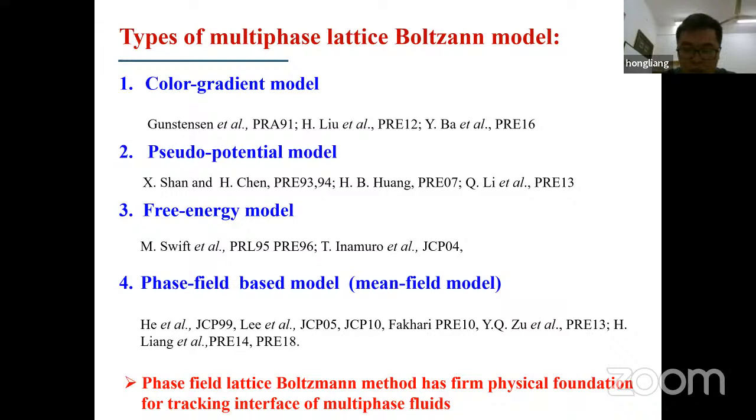Some also call it the mean field models. The last one is always the focus: the phase-field Lattice-Boltzmann models, since they have fair physical foundations for tracking interfaces in multiphase flows.